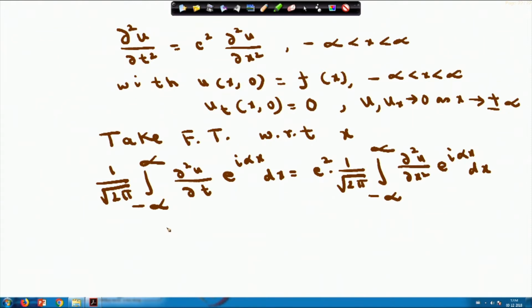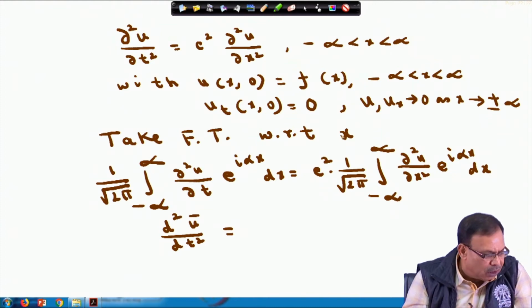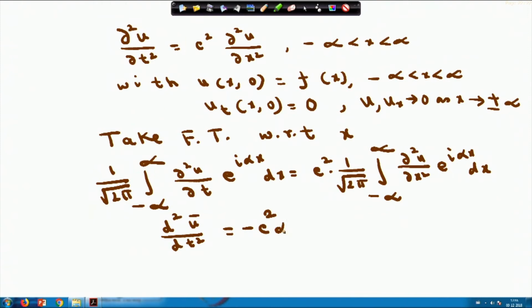And the left hand side obviously will be d²ū/dt², where ū is nothing but the Fourier transform of u. Please note this one, ū is the Fourier transform of u. And the right side, if you use the conditions given to us, you will obtain minus c² α² ū(α,t). This I have not written because you can check it on your own using the earlier problems.